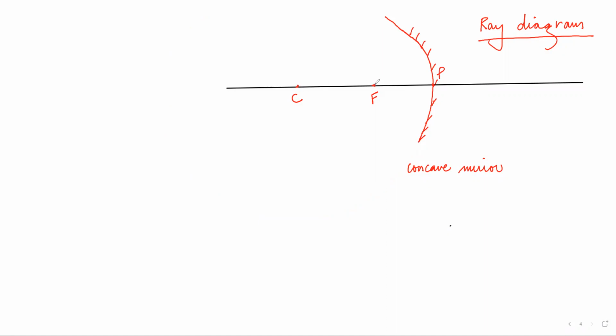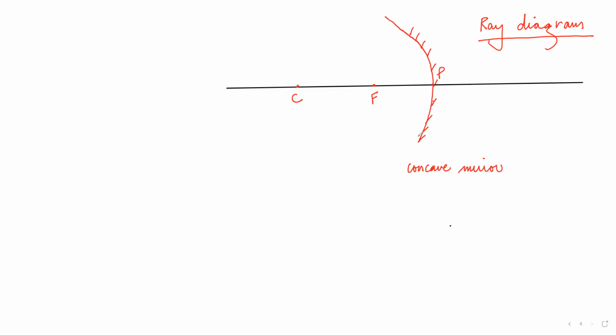F is the point where all the rays parallel to the principal axis will meet. Why? The question is why. Very simple. Based upon whatever knowledge we have got, we will try to answer these questions.